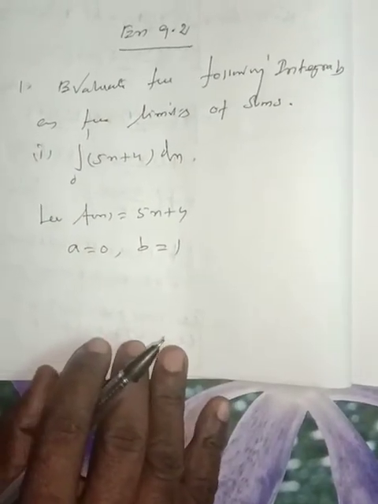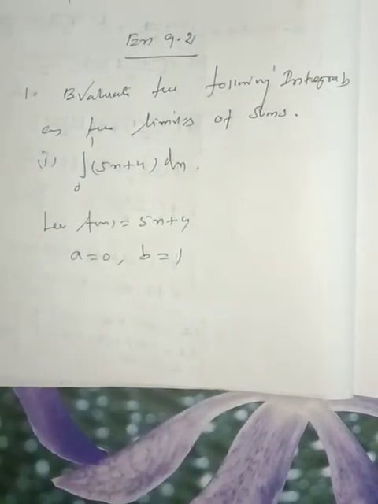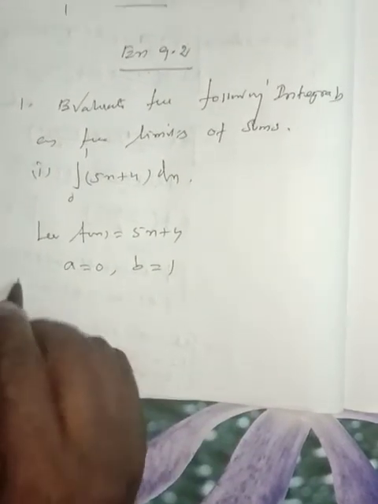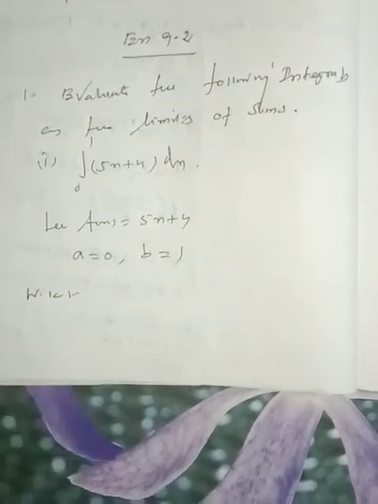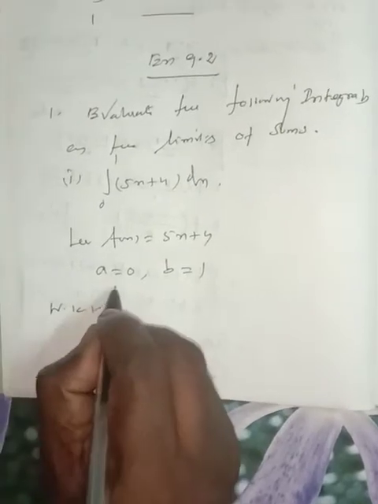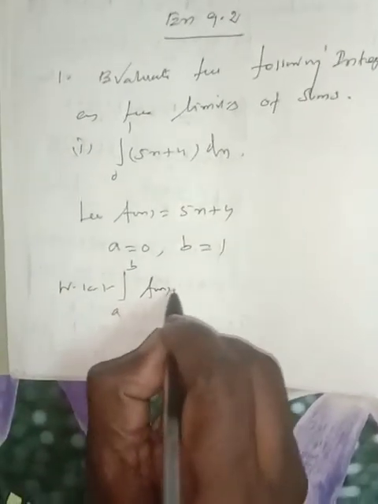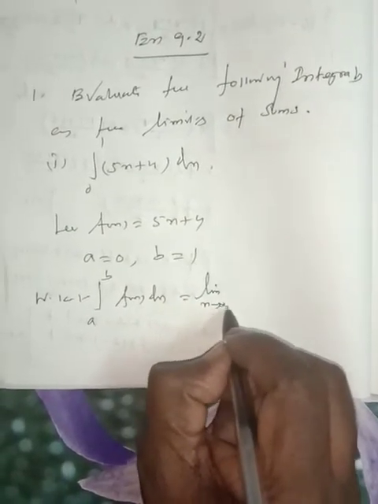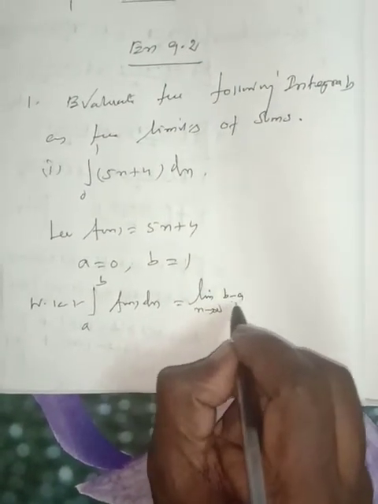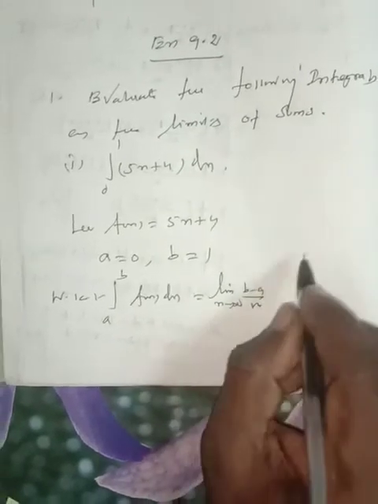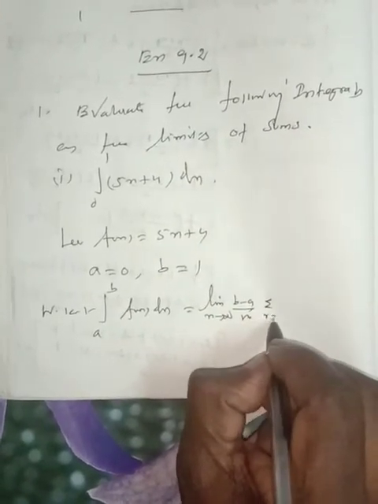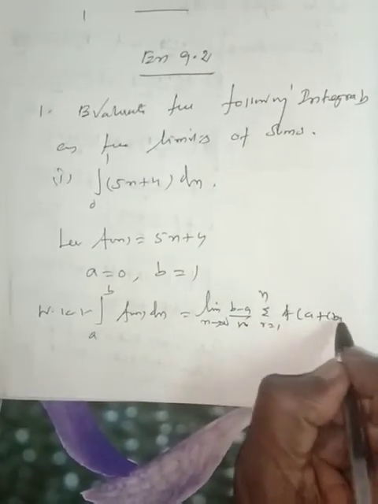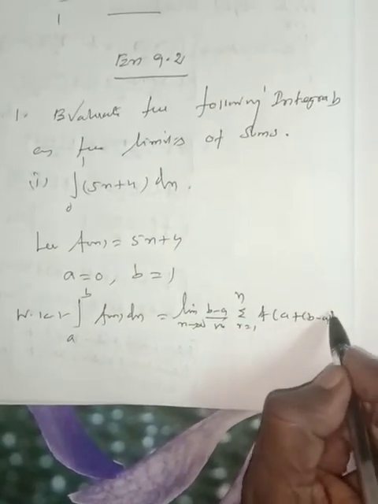Next, we know that integral a to b f of x dx is equal to limit n tending to infinity, (b minus a) divided by n, sum of r varying from 1 to n, f of (a plus (b minus a) into r by n).